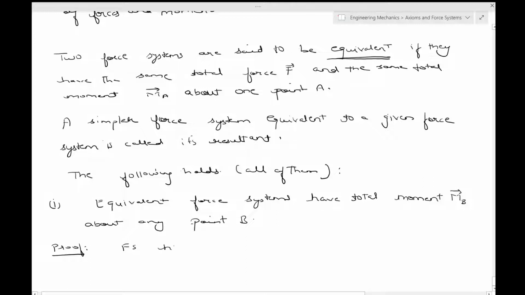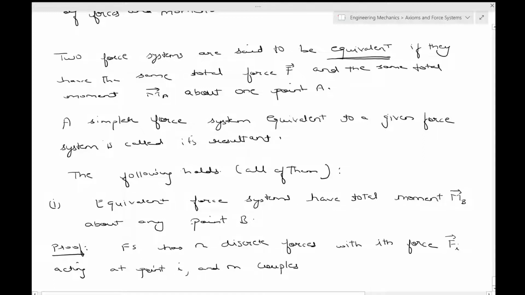Fs has n discrete forces with ith force Fi acting at point I, and m couples with moments Cj.